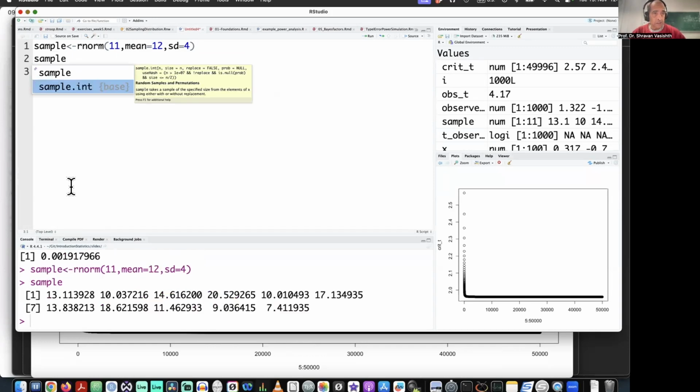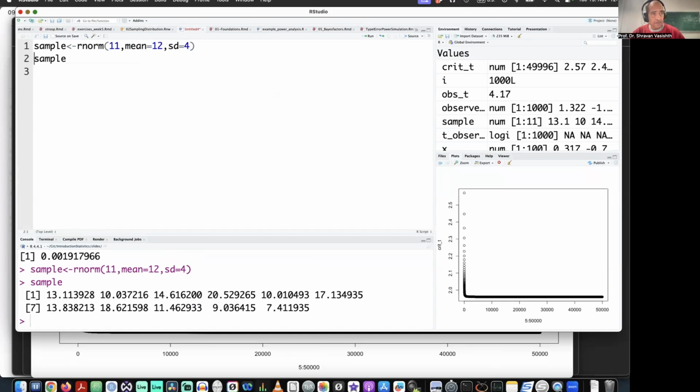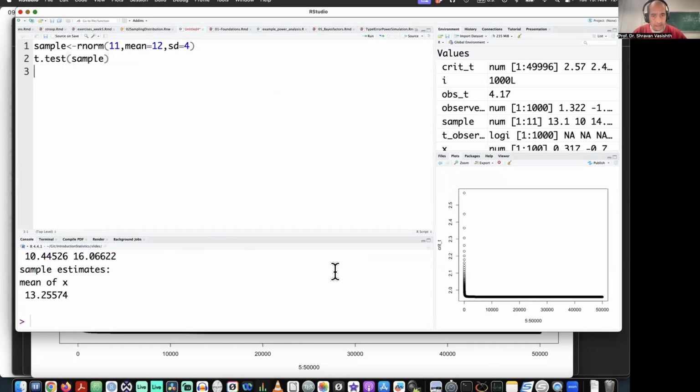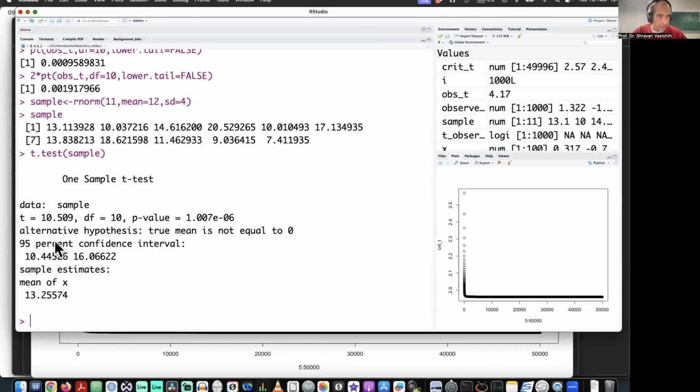And if I run the t.test function, it will print out a statistical test for me. It shows me what the observed t-value is. It tells me the degrees of freedom. It tells me the p-value.